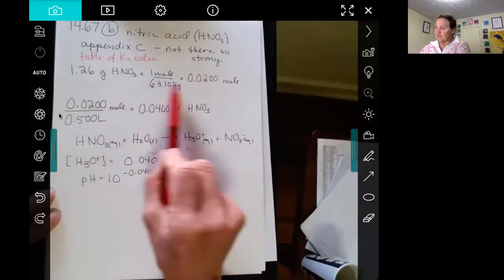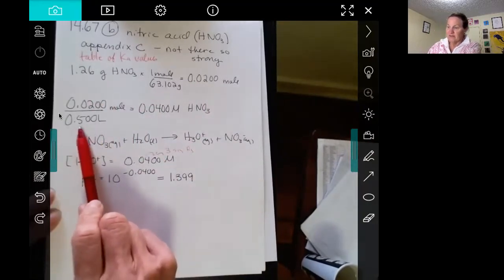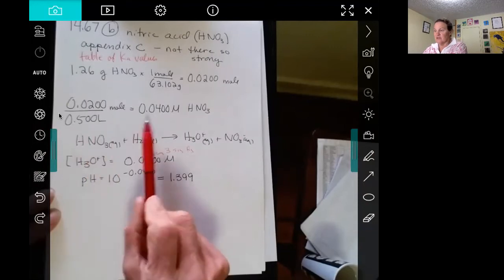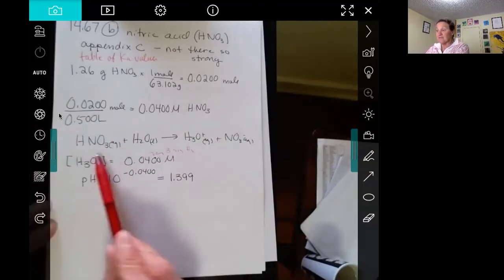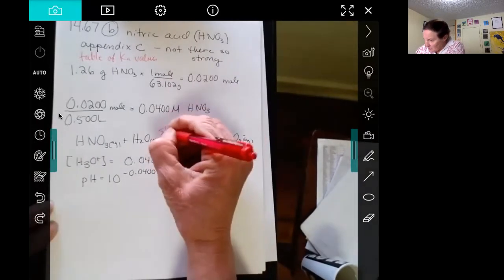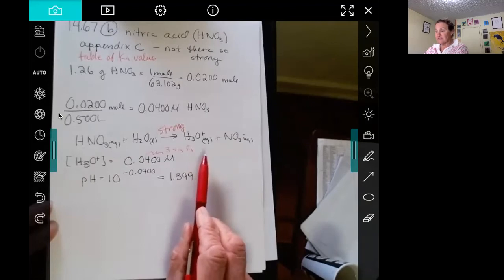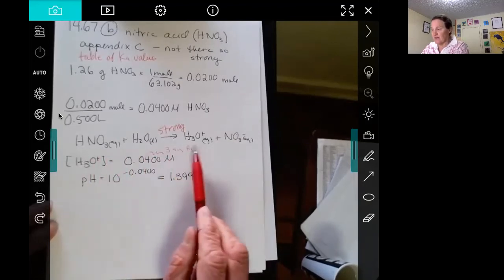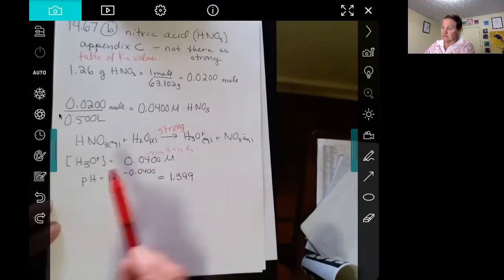So that means we get the number of moles of nitric acid, divide it by the volume of the solution, and we have a concentration of 0.0400. If it's a strong acid, remember from the lecture, I'm going to put a single arrow, reacts forward. None of the H3O plus goes back. It's not an equilibrium. It all dissociates to make H3O plus.